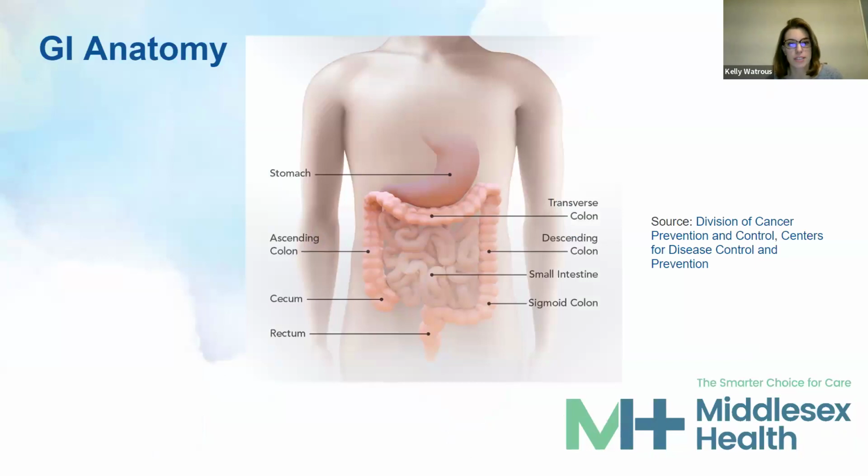My name is Kelly Watrous, and I'm one of the 3 cancer genetic counselors at Middlesex Health. We're excited to be giving this presentation tonight on a topic that we feel to be very important. There is a spectrum of risk for colorectal cancer, and what your risk is directly correlates with what your screening plan should look like.